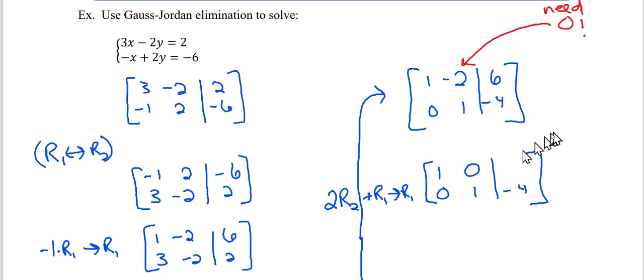We do have to find this spot. This one is going to be 2 times the row 2 number in that column, which is -4, plus the 6. That's -8 plus 6. So we get -2.